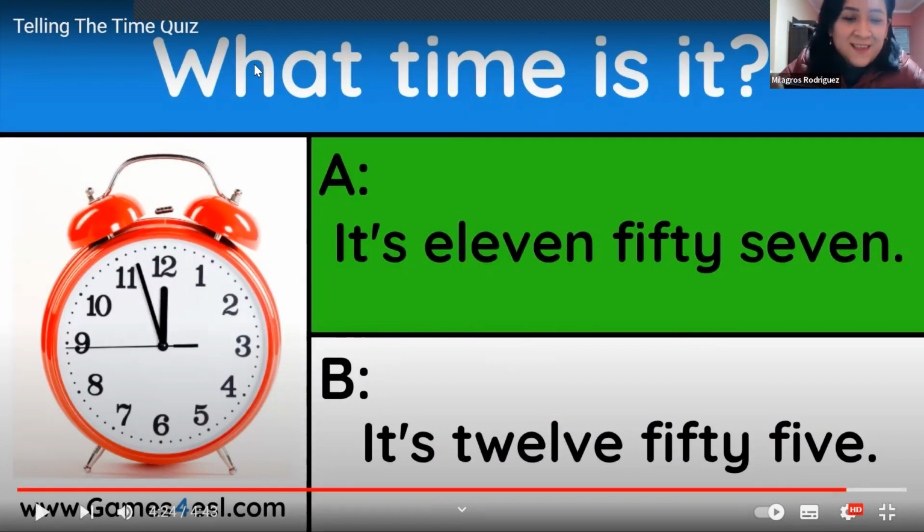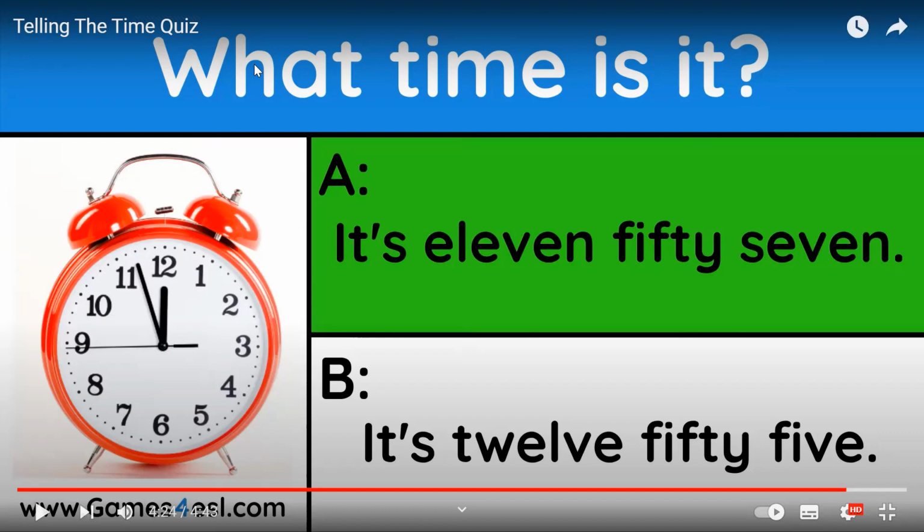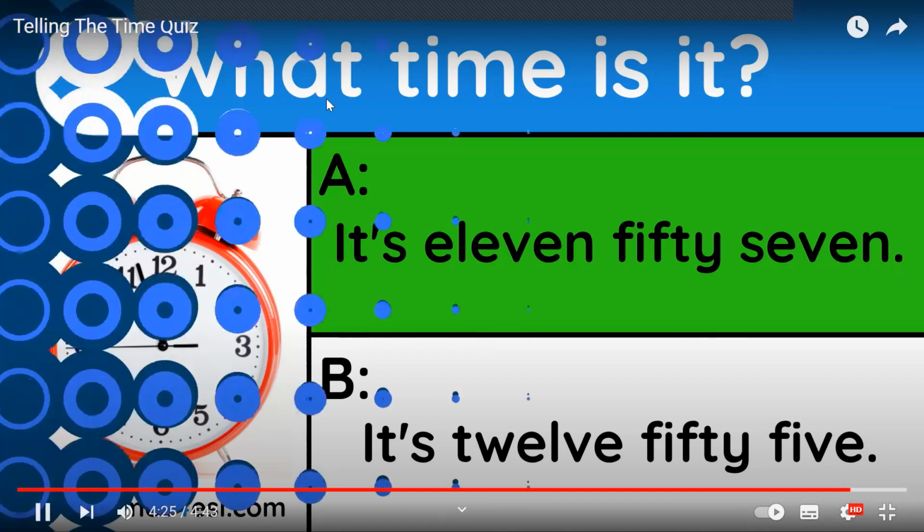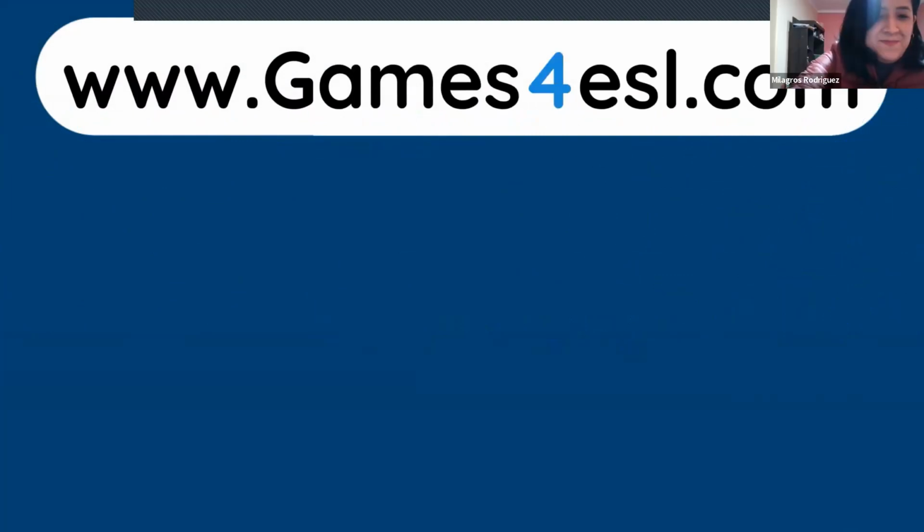How would you say this in the second form? It's 3 to 12. Good, it's 3 to 12, correct. Okay. That's it.